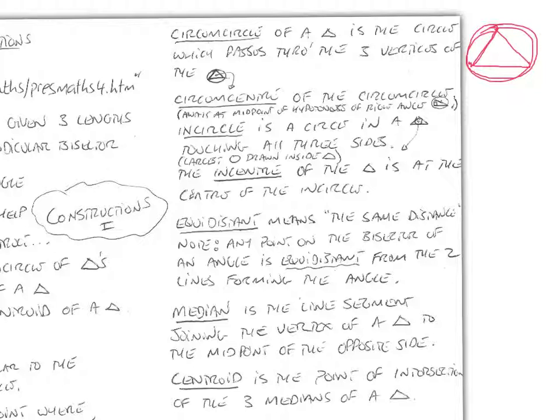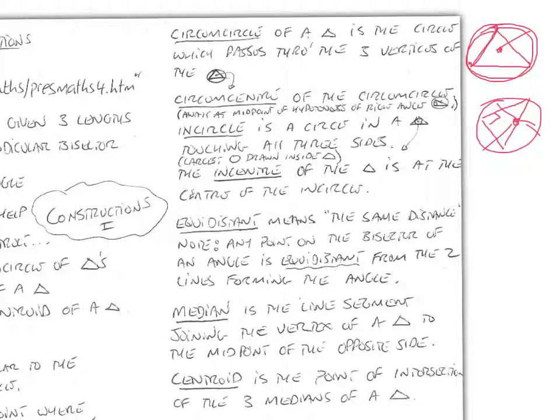And the circumcenter is the center of that circle. Funnily enough, if you have a right-angled triangle in a circle, the center is always the midpoint of the hypotenuse. Might not look like it there, but that's where it is.